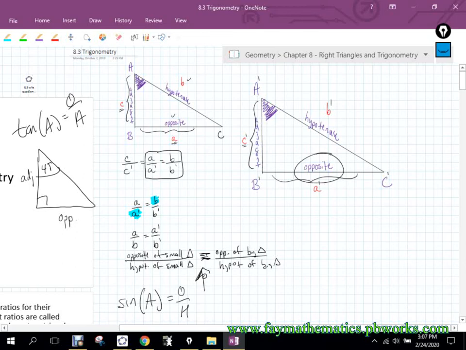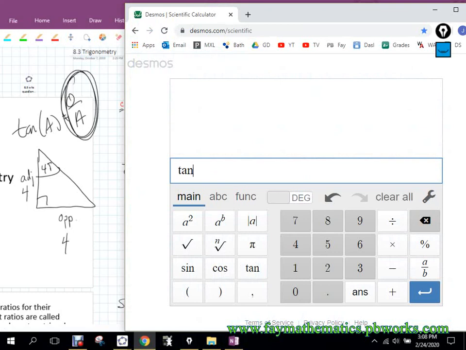Give me a number for opposite. 4. So what does the adjacent have to be if it's a 45, 45, 90? Has to be 4, right? If you take 4 and divide it by 4, what do you get? 1. So if I go tangent of 45, the calculator knows it should be taking a segment and dividing it essentially by itself and getting that 1. That's what 4 divided by 4 is, right?